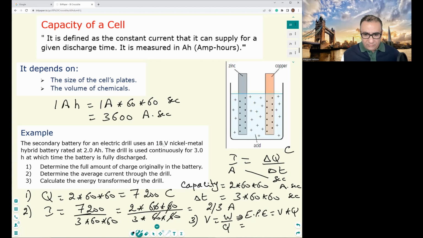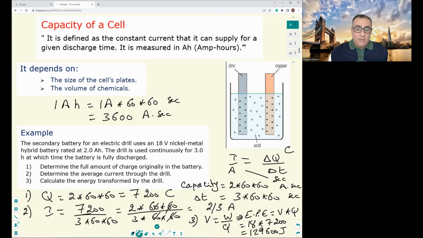So we have V, 18 volts. We got the charge from part one, 7,200. So you multiply 18 times 7,200, and what you get is 129,600 joules.